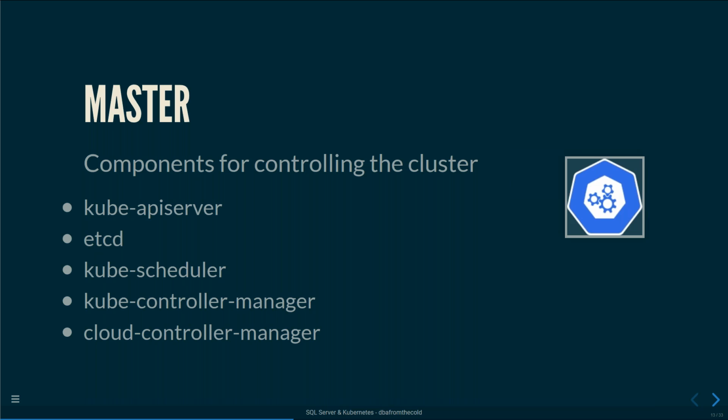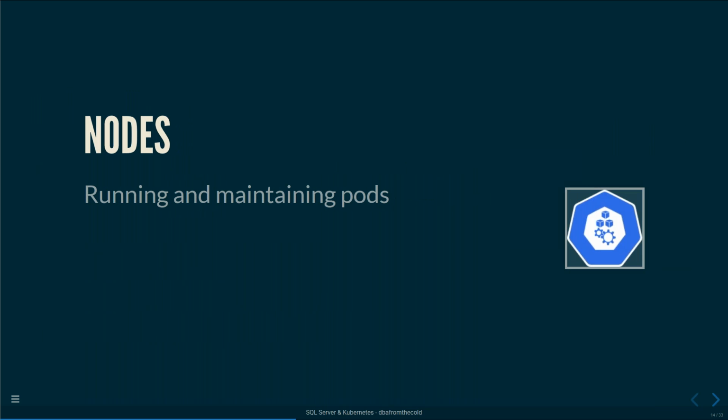But we don't deploy our pods to the master. We deploy them to the second type of node, which is the worker node, responsible for running and maintaining our pods. And this contains things like the kubelet. The kubelet takes a pod spec from the API server and ensures that all pods in that pod spec are running and are in a healthy state.